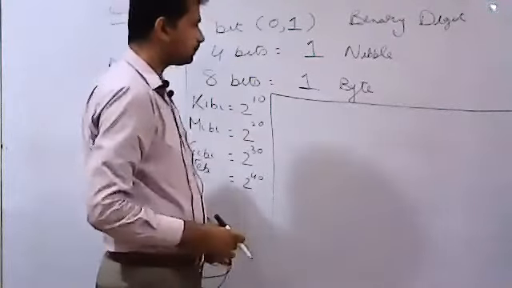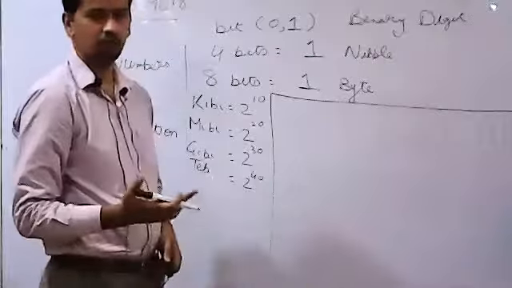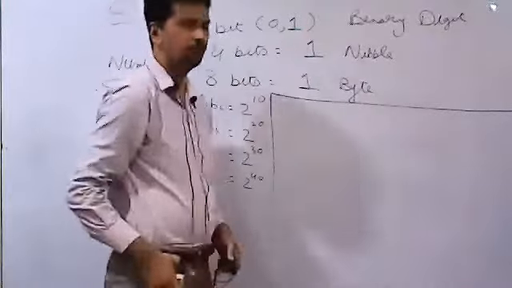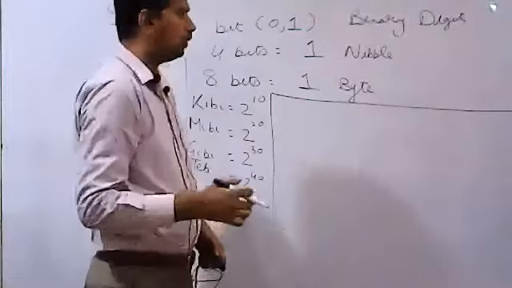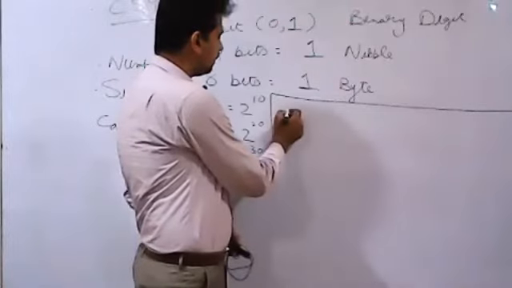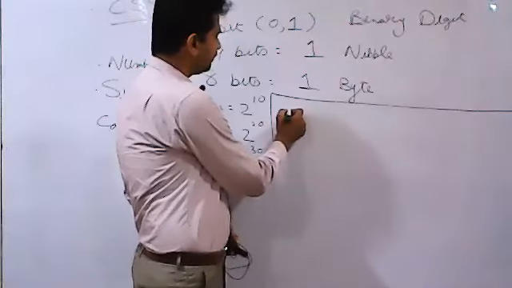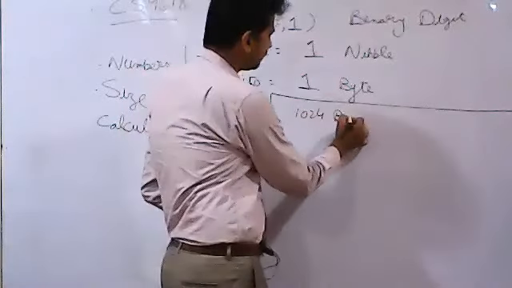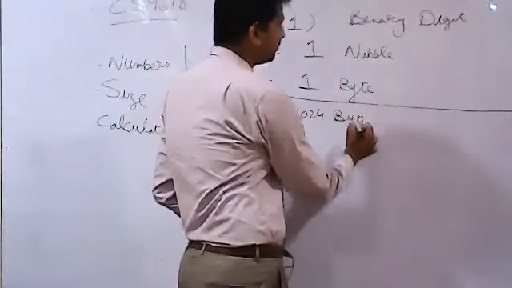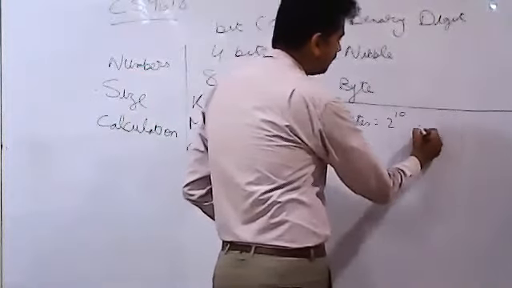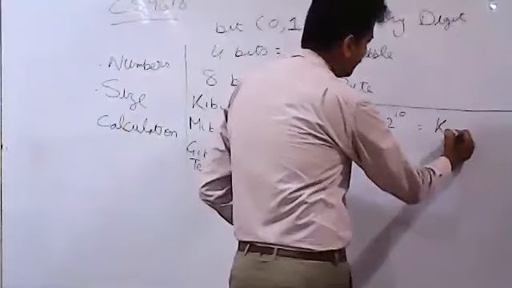1 byte is our basic logical storage unit. The basic physical storage unit is bit, binary digit, a 0 or a 1. But 1024 bytes, or you can say 2 raised to power 10 bytes, makes up a kilobyte.